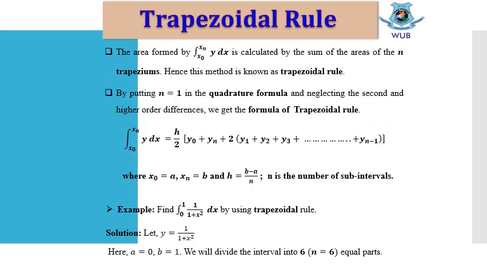This is the trapezoidal rule. Here, the area formed by f(x) is calculated by the sum of the areas of n trapeziums. Hence, this method is known as the trapezoidal rule.